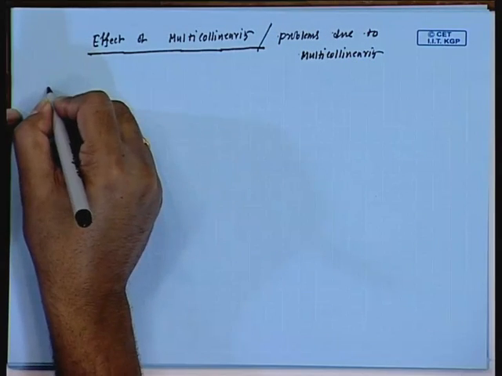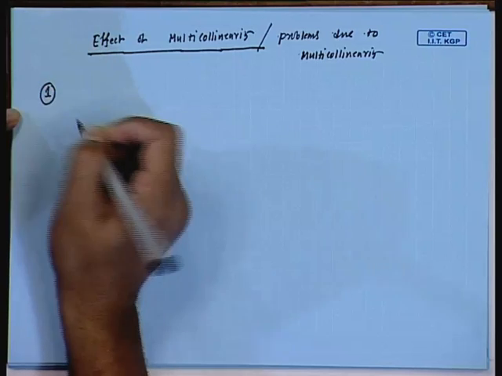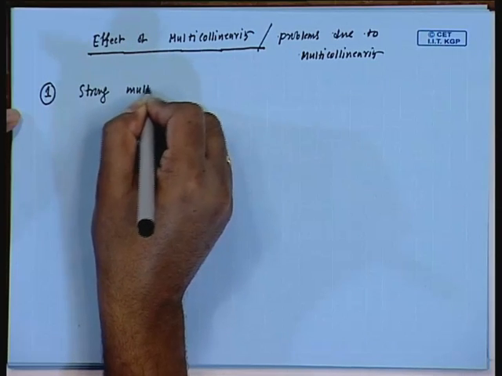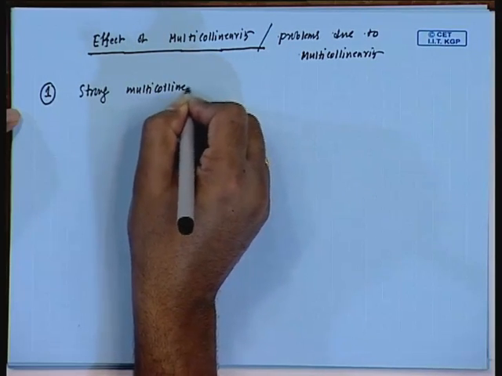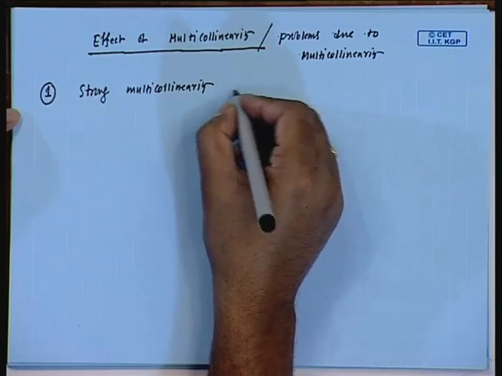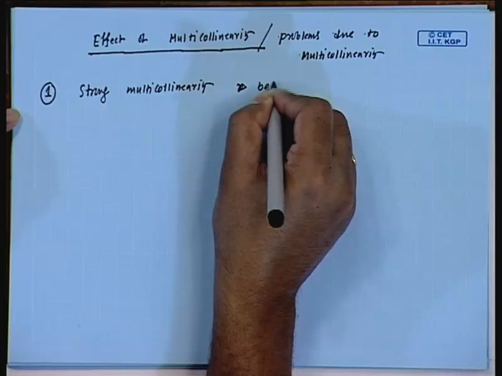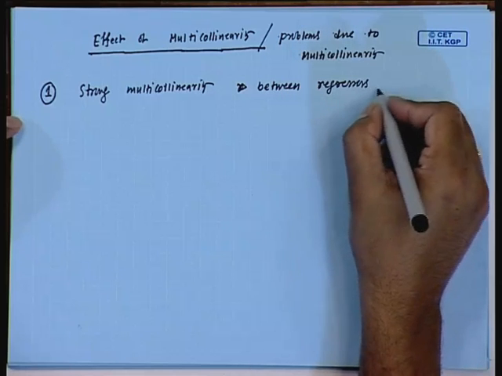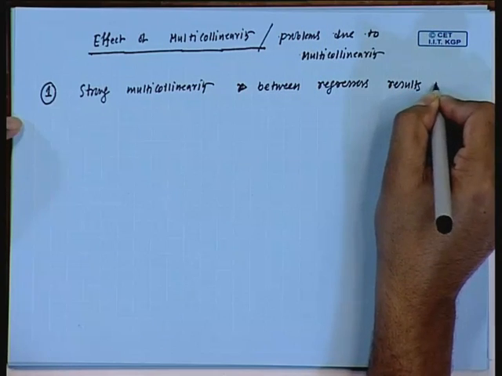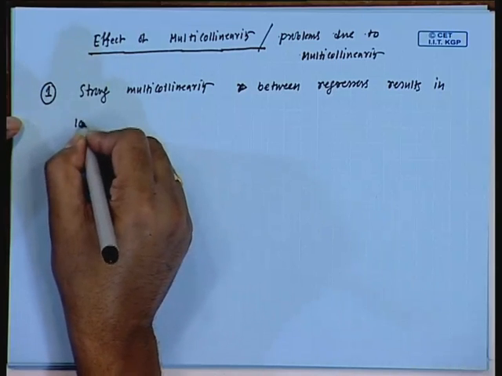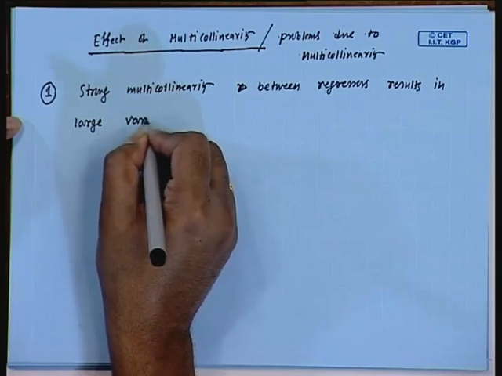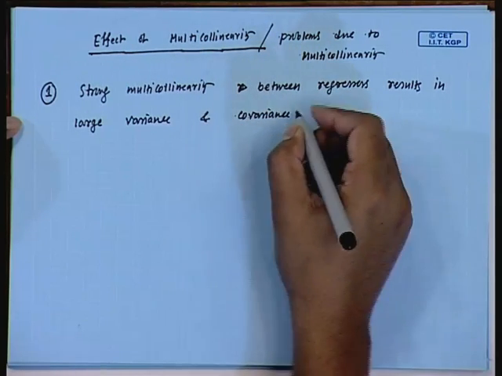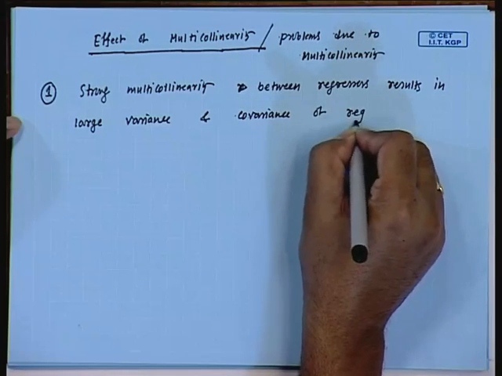So the first one is, it says the strong multicollinearity between regressors results in large variance and covariance of regression coefficients.